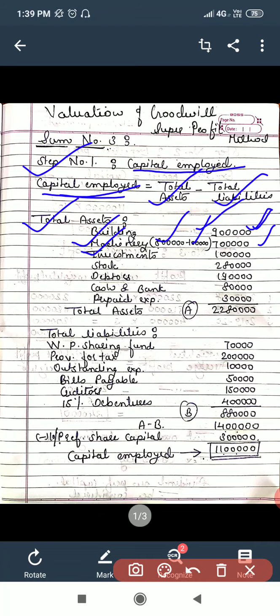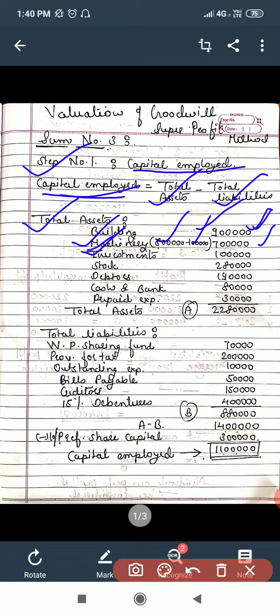Then we have been provided with the investments. There are 2 investments given to us. Number 1, the 10% taxable investment, which we are not going to consider here as it is a non-trading investment. Non-trading investment will never form part of capital employed while calculating goodwill.